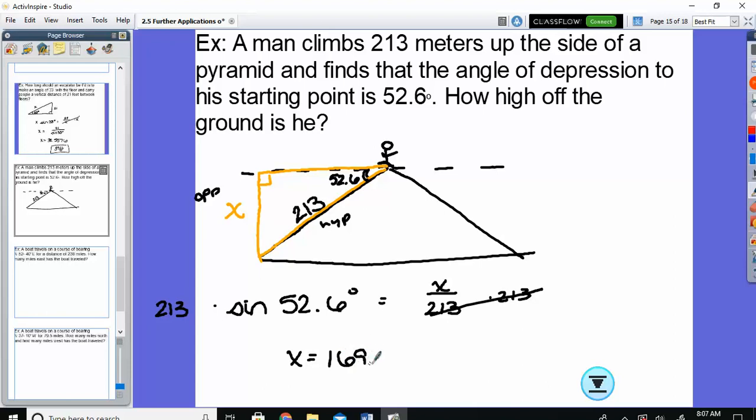How many significant digits do we need? So we would call this 169 meters. So far, so good?